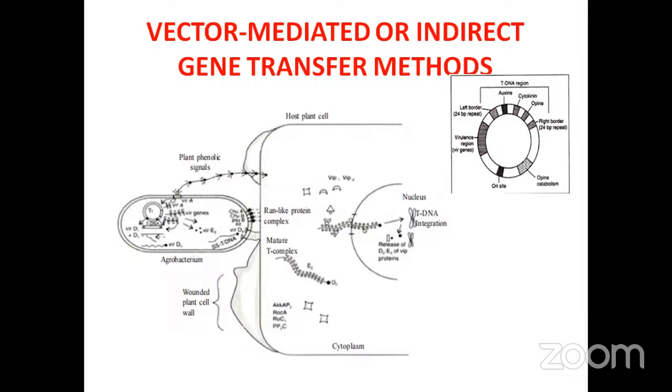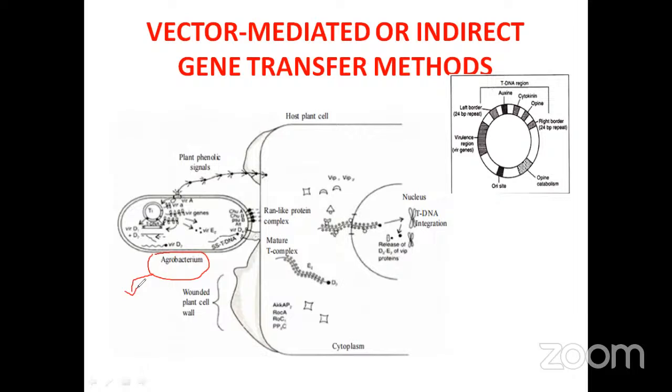Here the vector most probably used is Agrobacterium. Agrobacterium tumefaciens is the vector. This is known as natural genetic engineering, natural gene transfer. That's why it is called genetic engineering of plants, because the bacteria have a natural ability to transfer the DNA or desired gene of their plasmid into the plant genome.